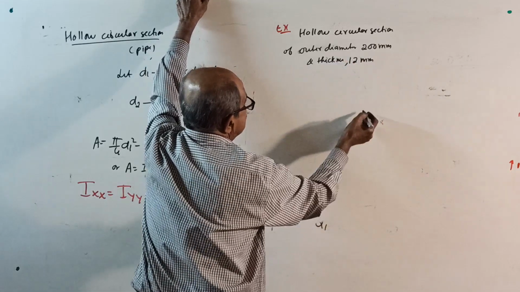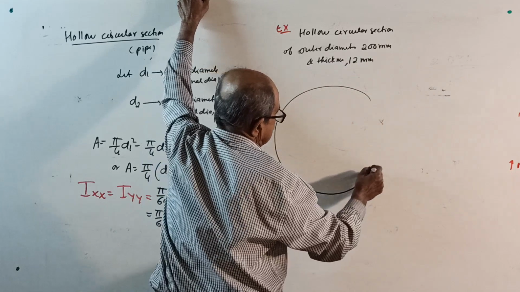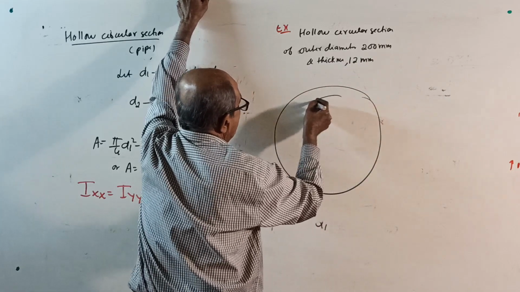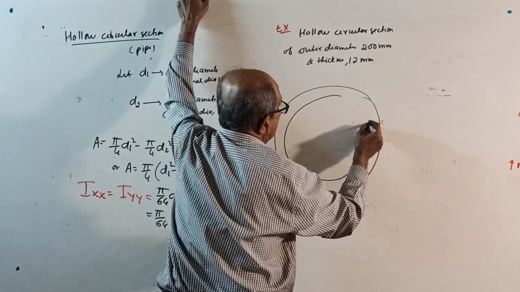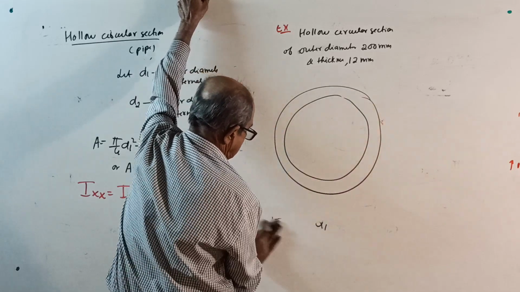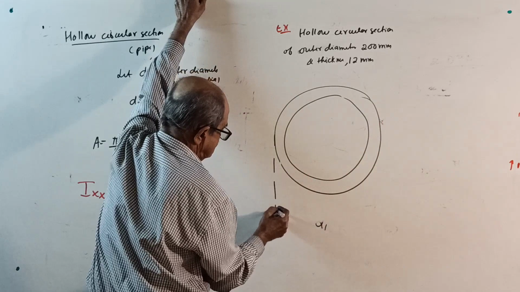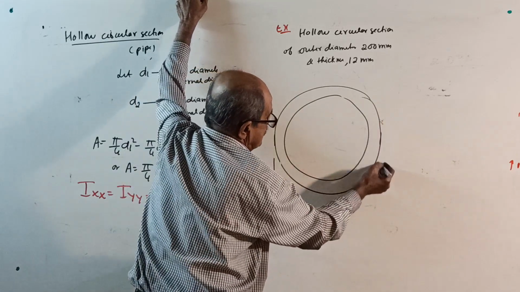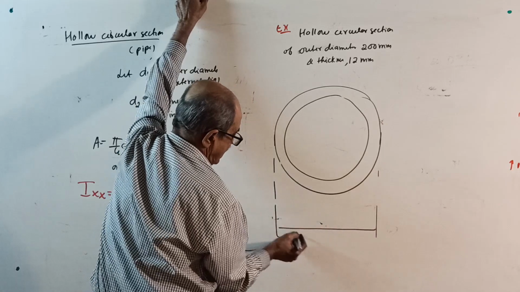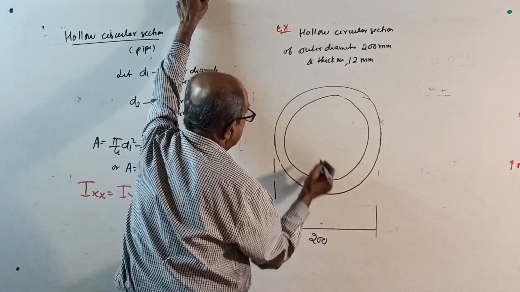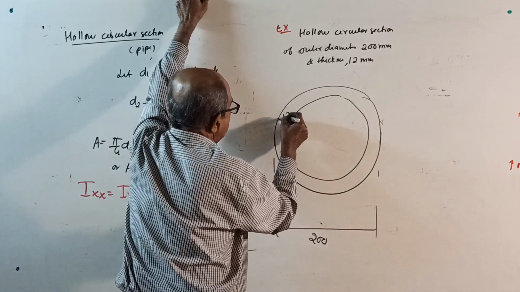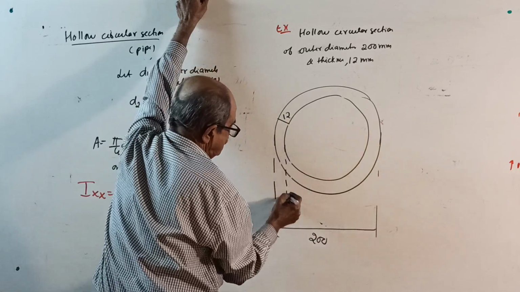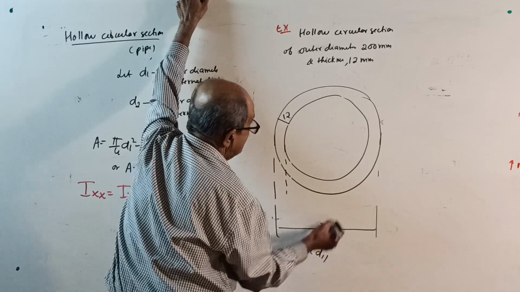Okay, right. Okay, as neat as possible. Okay, now see. Outer dia 200. Thickness is 12. If thickness is 12, you see this is your D1.